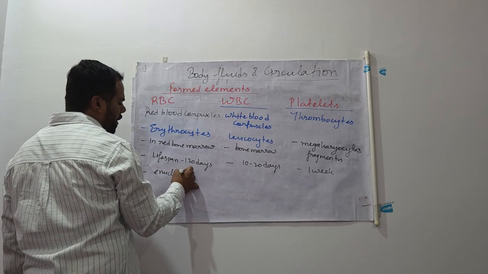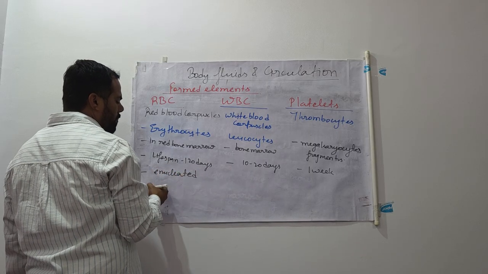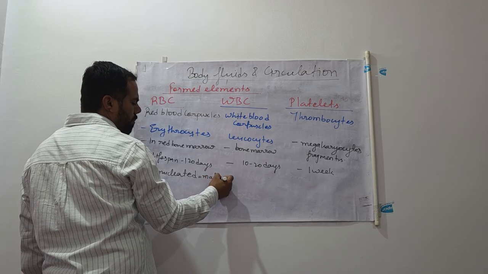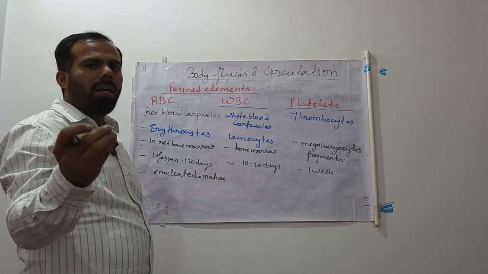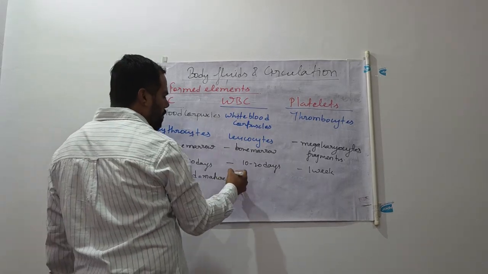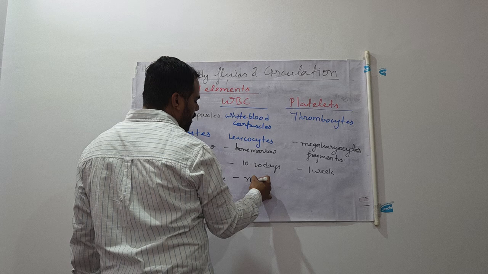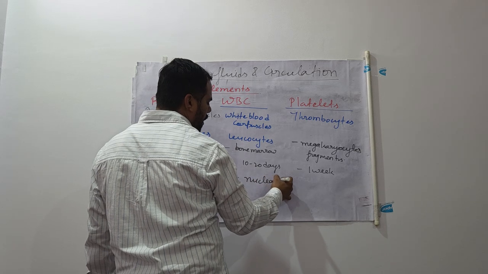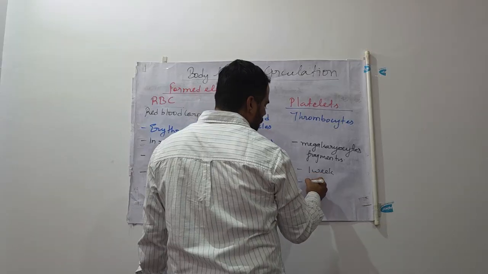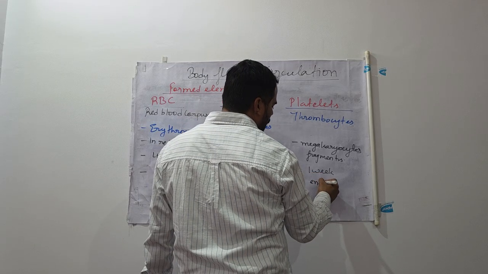Enucleated means nucleus absent when they are mature. Mature mammalian RBC have no nucleus. White blood cell have nucleus, that is, nucleated. This is non-nucleated, enucleated.